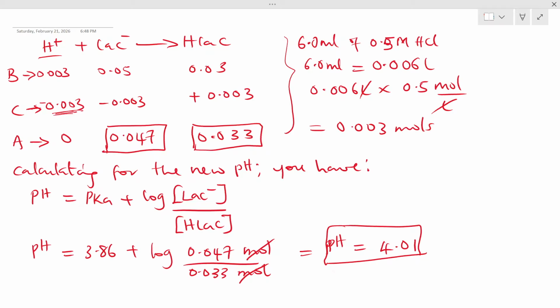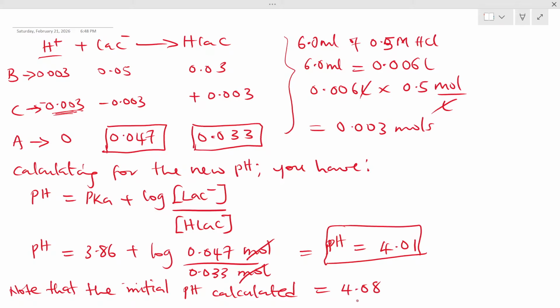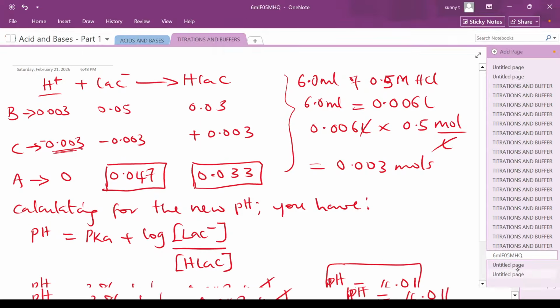So you recall that the initial pH calculated is what? It is 4.08. Alright, therefore I do that on the next page.